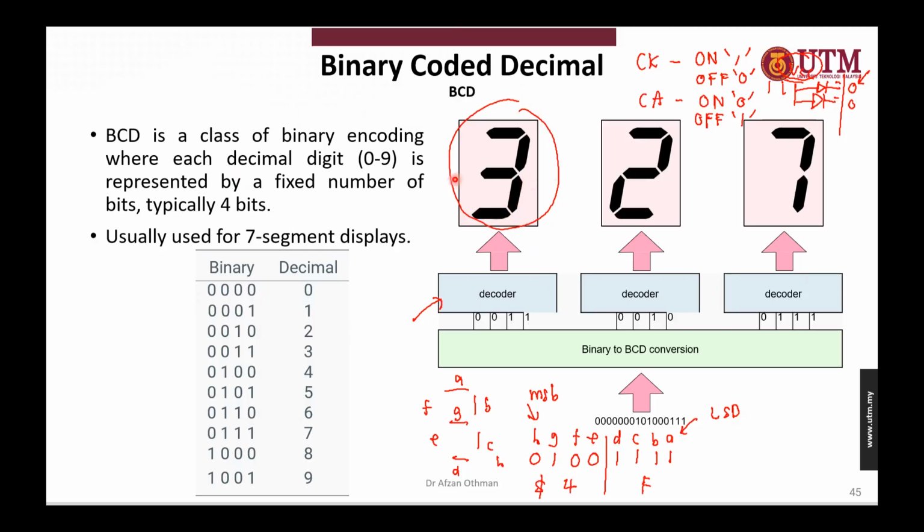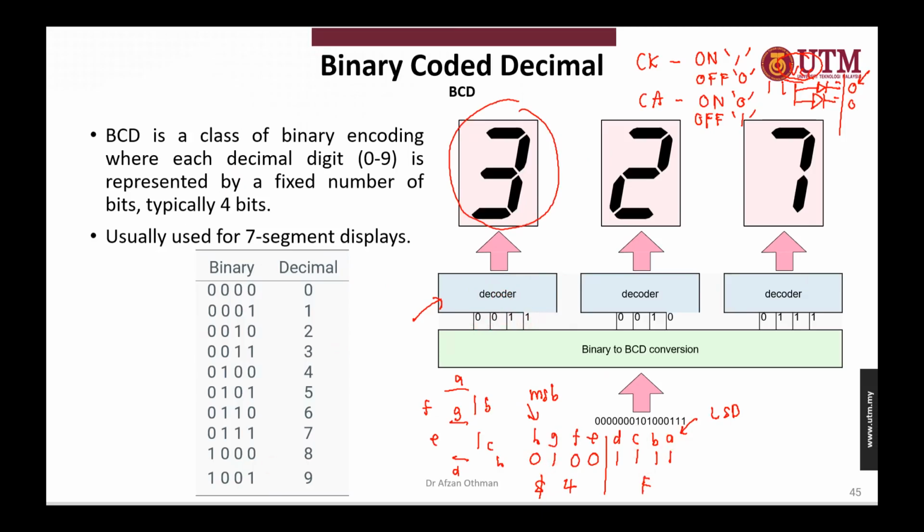But by using a binary coded decimal with the help of this decoder, to display number 3 on the 7 segment, you just give this code 0011. 0011 is actually equal to 3. If you convert this binary number to decimal, it is equal to 3. So by putting 0011 into this decoder, the decoder will drive this number.